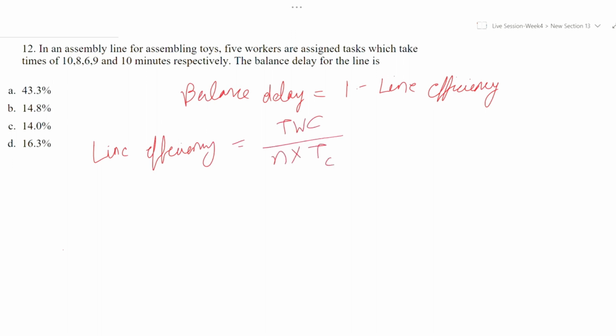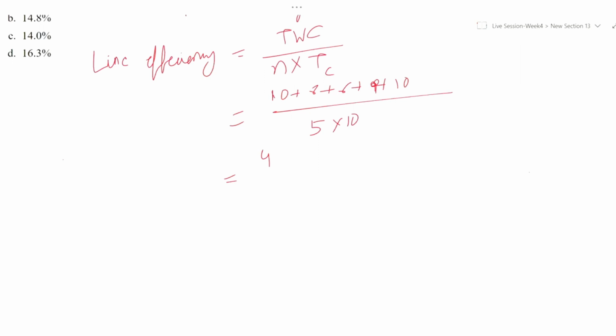Now here cycle time is again 10, the number of workstations is 5, and total work content is 10 plus 8 plus 6 plus 9 plus 10, by 5 into 10. This becomes 43.